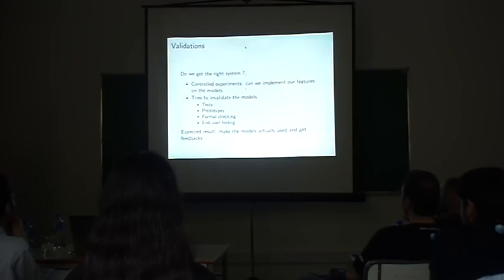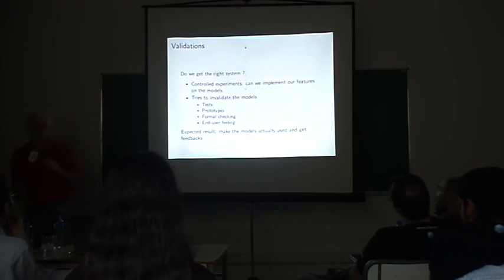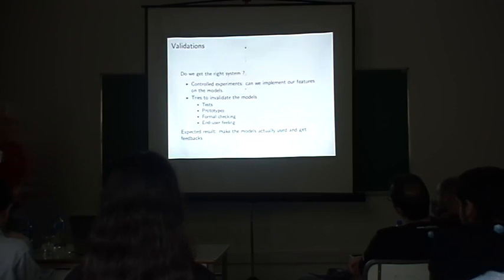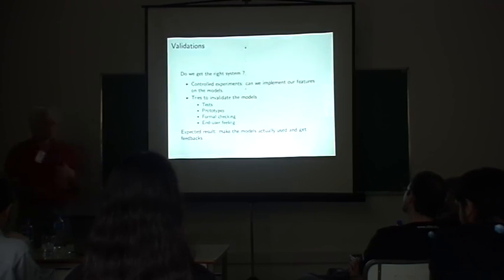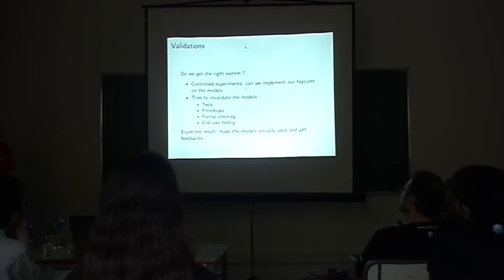So, what are these validations? The objective of validation is to answer the question: do we get the right system? So, we do some controlled experiments in order to check what the system is supposed to achieve. We try to invalidate the model with tests, prototypes, formal checking, and we get end user feeling.